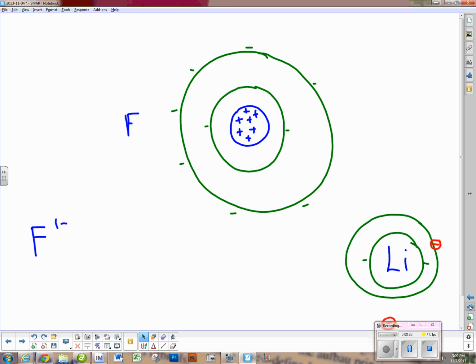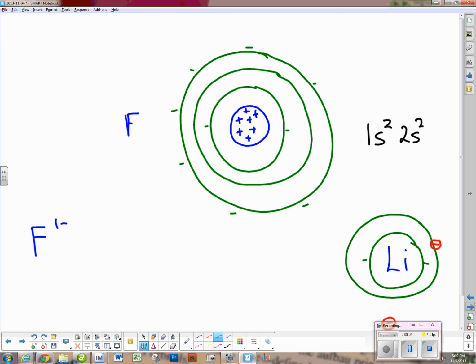So, here's fluorine. Let's do his electron configuration. 1s is going to have how many? 2. Okay. The 2s is going to have how many? 2. I don't have the 2s in there. Let's get that in there.